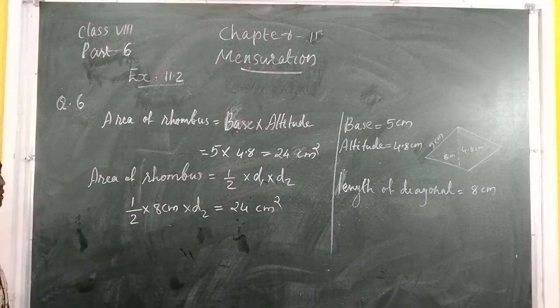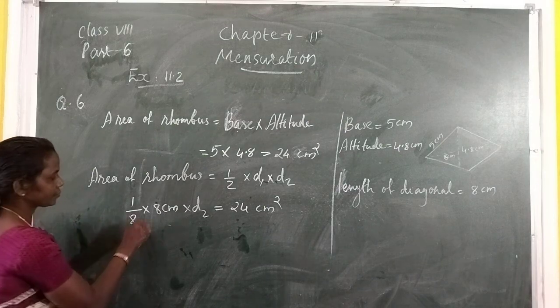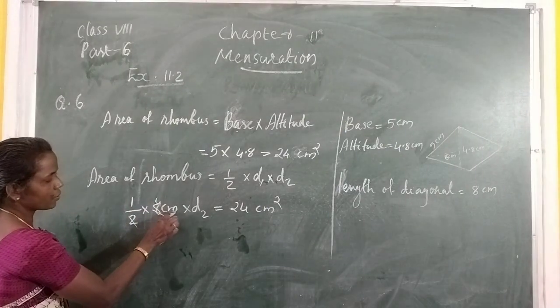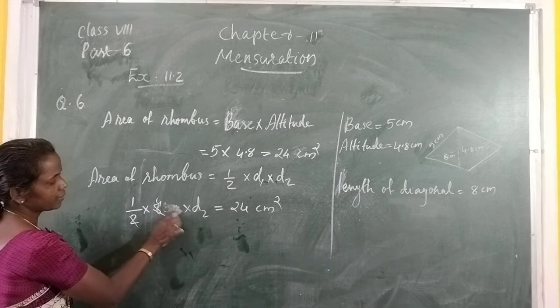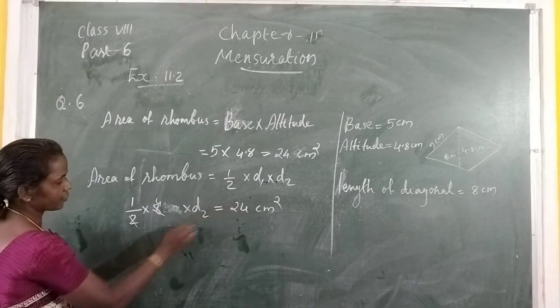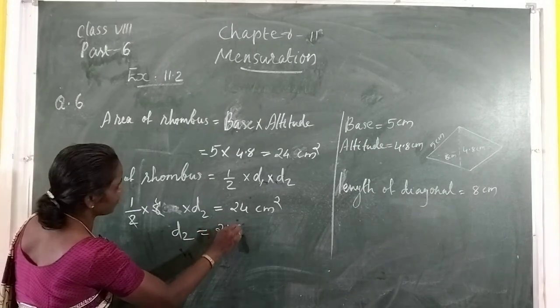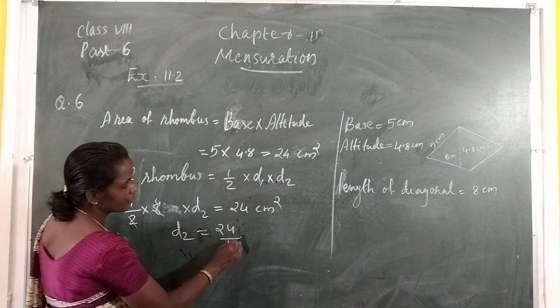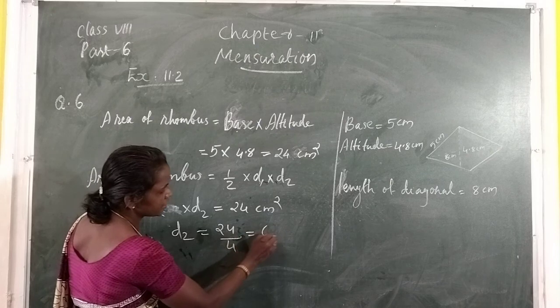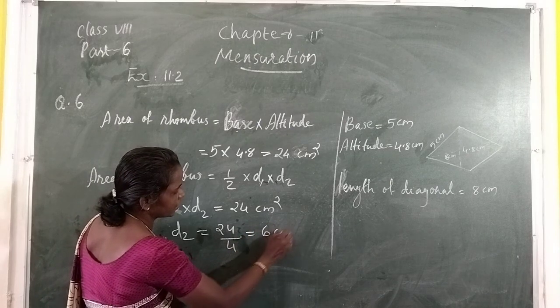Then find out d2. Here look, half of 8 is 4. 4 into d2 is equal to 24. So d2 is equal to 24 by 4, which is equal to 6 centimeter.